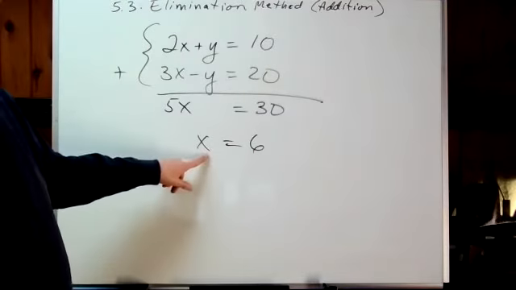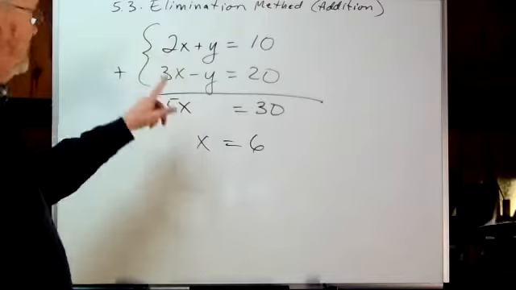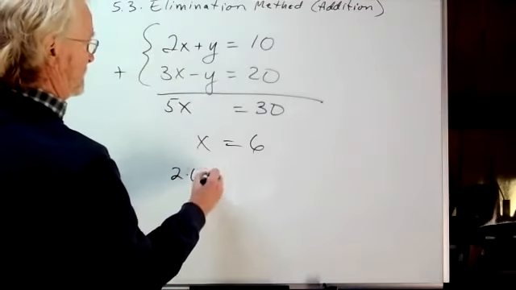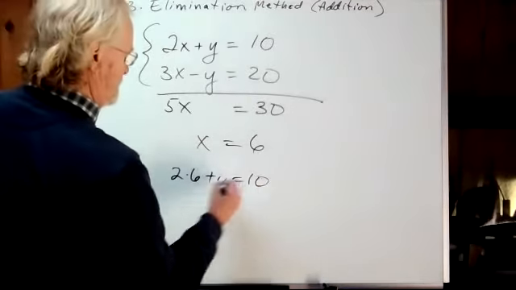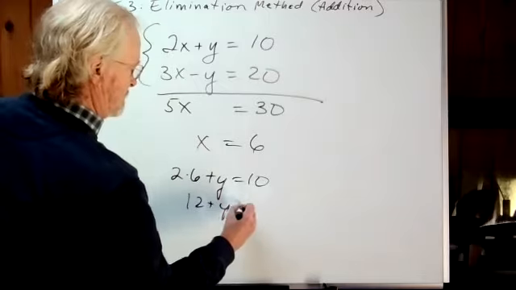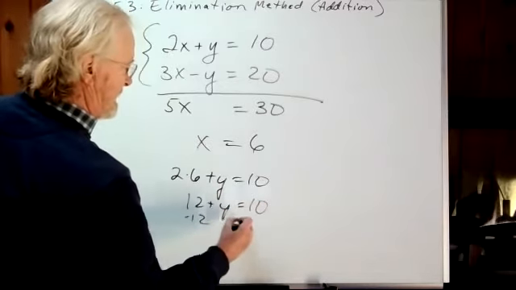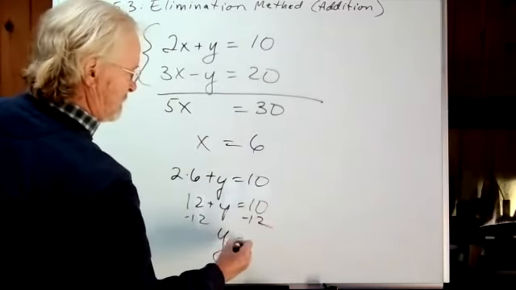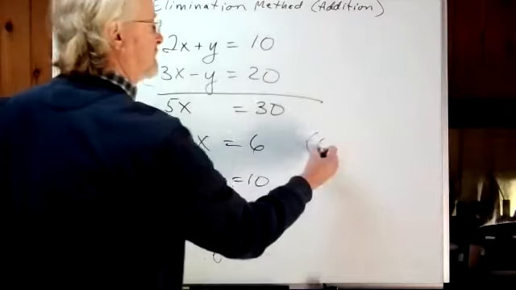Now, of course, as always, got to go back and plug it in. If x is a 6, let's say 2 times 6 plus y equals 10. I'll subtract that. y is a negative 2.